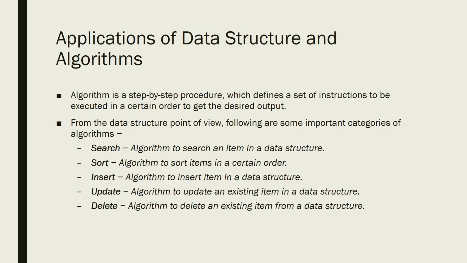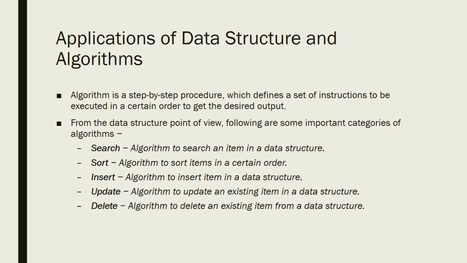From the data structure point of view, these are some of the following categories of algorithms. We have search, sort, insert, update, and delete. For search, an algorithm to search an item in a data structure. For sort, an algorithm to sort items in a certain order, whether ascending or descending.